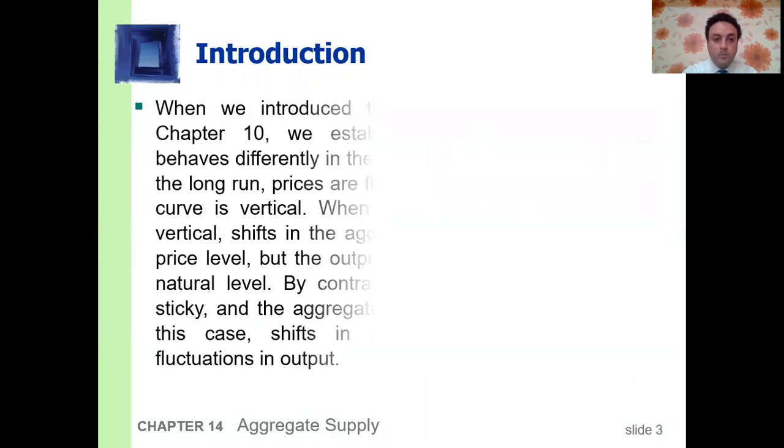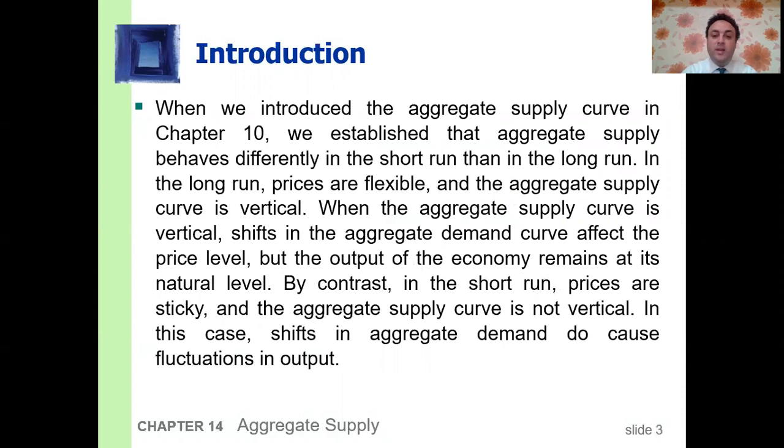Okay. So when we introduced aggregate supply in chapter 10, we established that aggregate supply behaves differently in the short run than in the long run, right? In the long run, prices are flexible and the aggregate supply curve is vertical. So when the aggregate supply curve is vertical, shifts in the aggregate demand curve affect the price level.